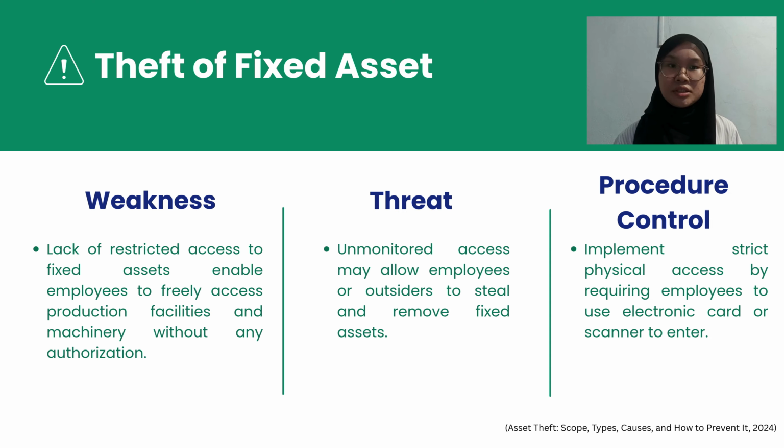To address this issue, the company should implement strict physical access controls by requiring employees to use their electronic access cards or scanner before entering the facilities. With this, it will ensure that only authorized workers can access the facility and help reduce the risk of theft.